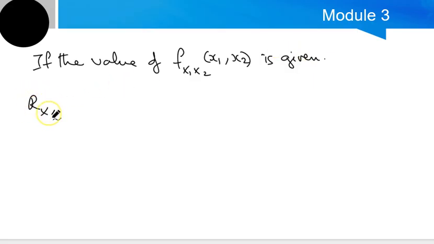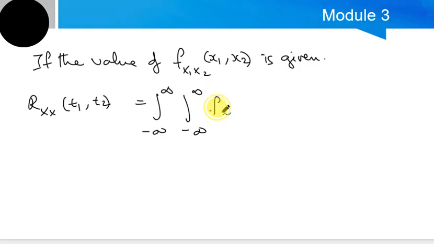Then I can go for Rxx of t1 comma t2 equal to the integral from minus infinity to infinity, integral from minus infinity to infinity, of x1 x2 fx1 x2 of x1 comma x2 into dx1 into dx2. I can use this formula, substitute for fx1 x2 and then get the solution.